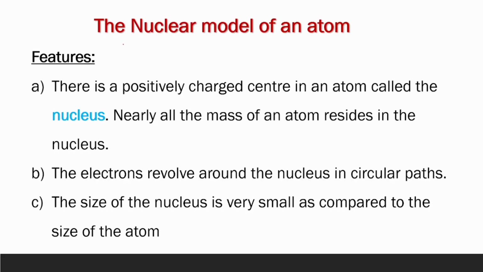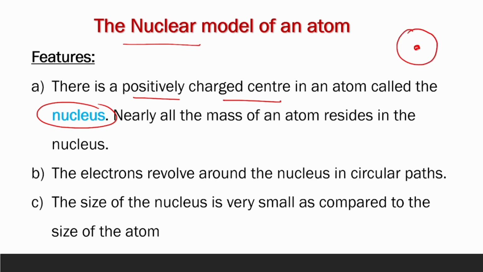In Rutherford's atom model, we studied the different postulates that he proposed. The first postulate is that there is a positively charged center in the atom, called the nucleus. The electrons revolve around the nucleus in a circular motion.